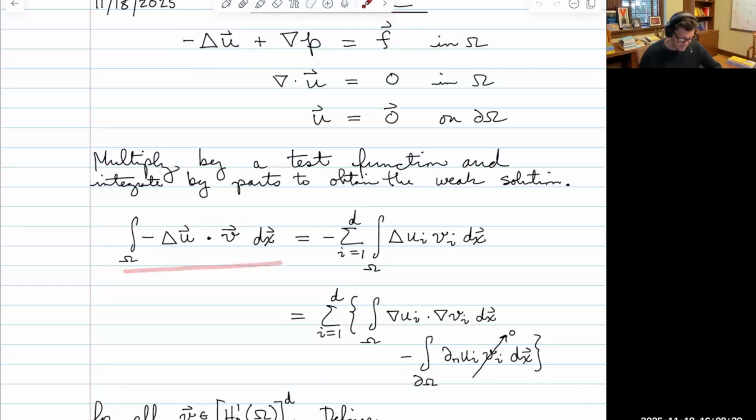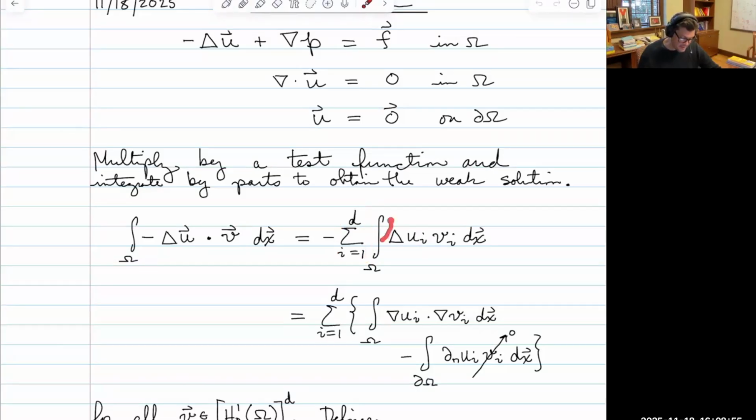So there we go. And the first thing we want to do is recognize what is this Laplacian u. Well, it simply means the Laplacian applied to each one of the components of u. And how many components of u are there? There are d components. So this really represents a dot product between two vectors. And so that's why I have this sum here. That's the sum for the dot product.